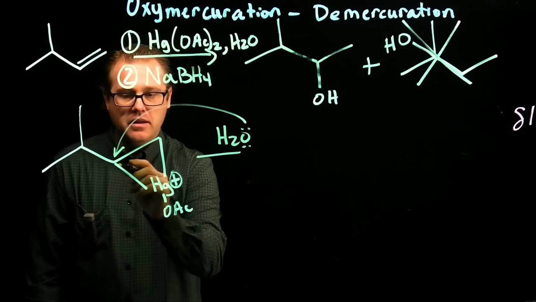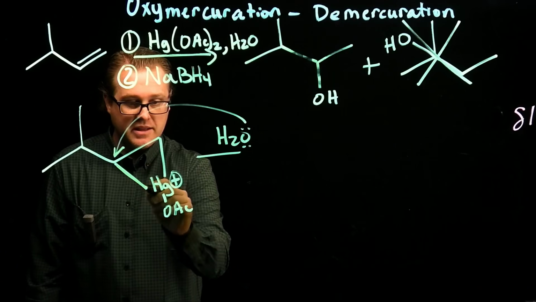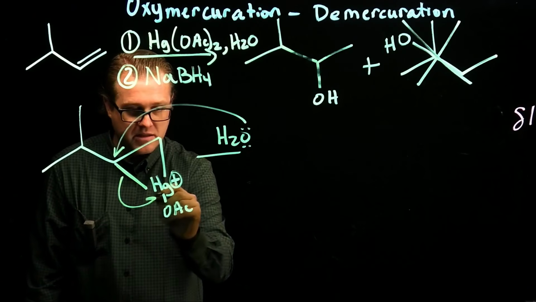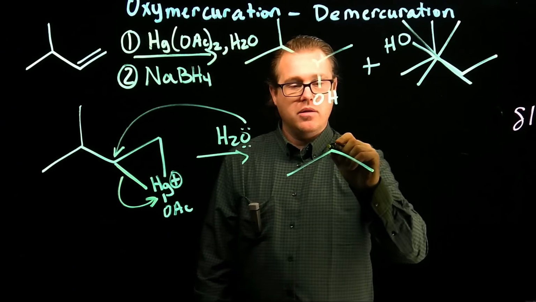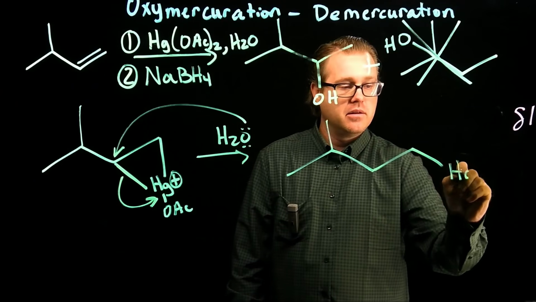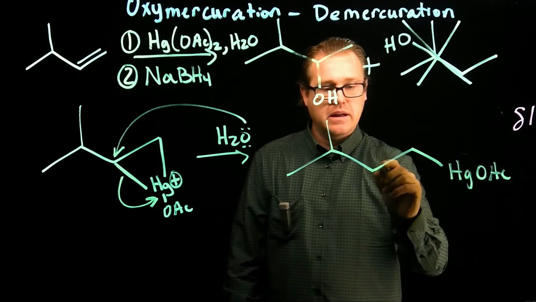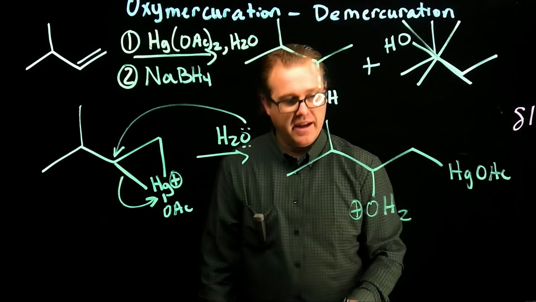And then the bond between the more substituted carbon and the mercury has to break. And so that would give us our product after reaction 1. And that would give us that species right here.